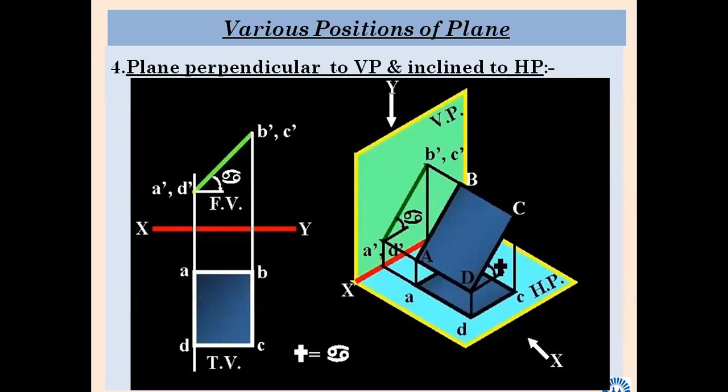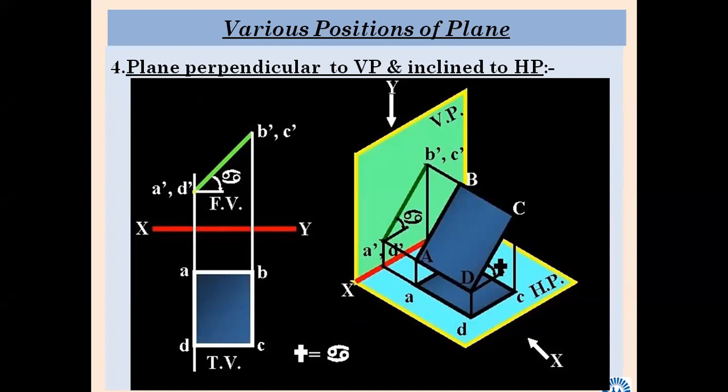Fourth type: plane perpendicular to VP and inclined to HP. Looking at this figure, I will ask one question. In which plane will it show its true shape?